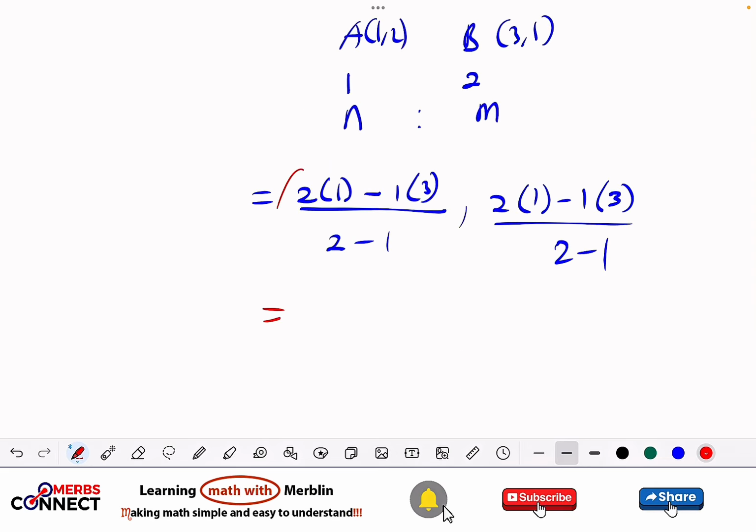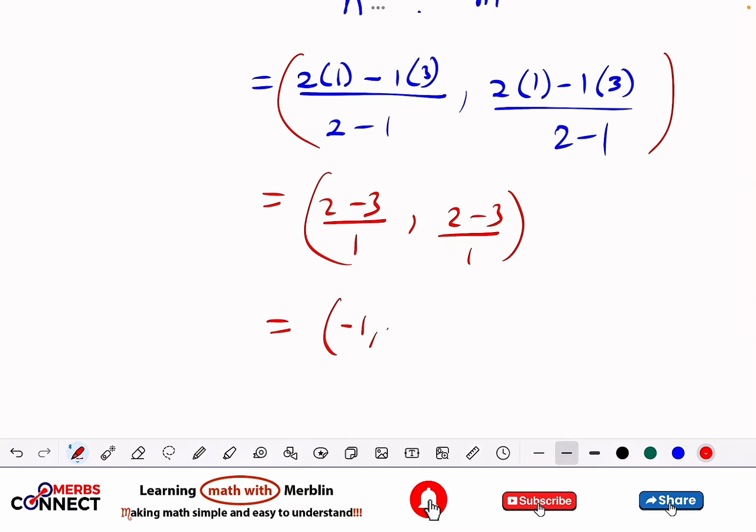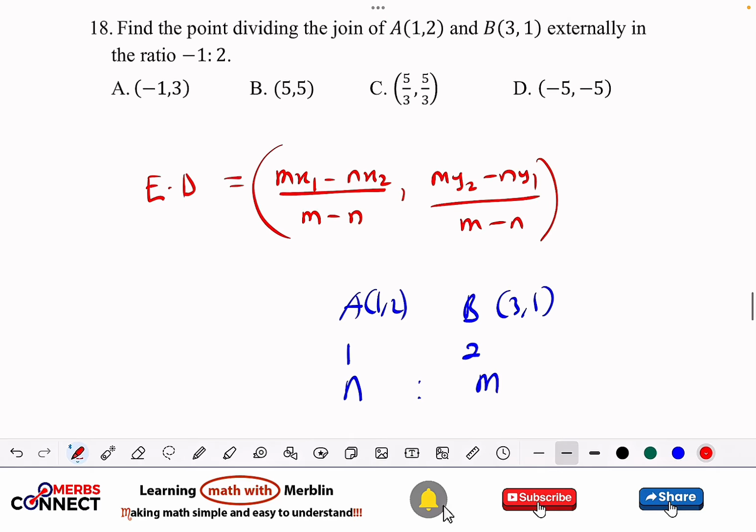So I'm going to have this one to be 2 minus 3 divided by 1, then 2 minus 3 divided by 1. Am I doing this one right? I think so. Minus 1 and minus 1.